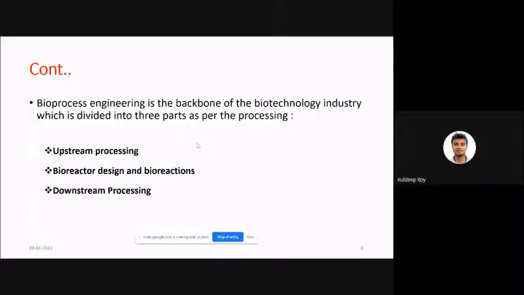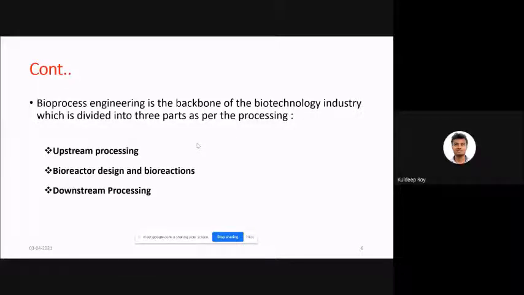Upstream means when you add any kind of microbe or cell into the reactor. It will include the following steps, like inoculum preparation. You have to prepare the inoculum. Then media formulation. You have to form the media. Then improvement of the inoculum by genetic engineering.